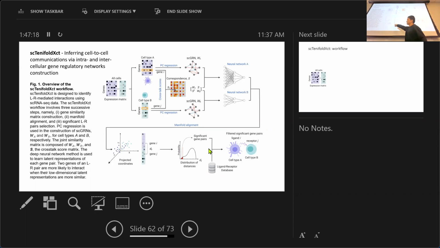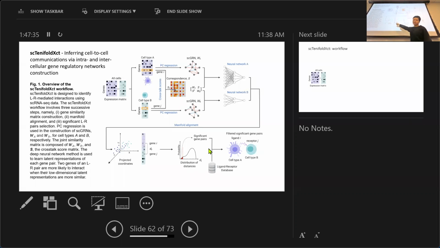Here, I show the 2D vector, so each gene is a 2D vector with its own coordinates. So we can calculate the distance between each gene from two different groups.